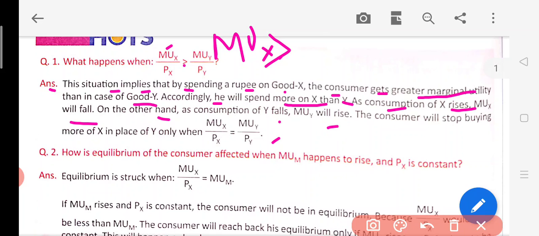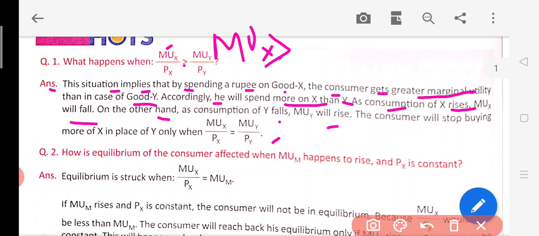The desire for palak paneer will go down, and since you are not spending any money on noodles, the marginal utility of noodles is going to rise, because your desire to have noodles will rise. So on spending on palak paneer the desire will go down, and on the other good, noodles, which you are not spending money on, it will rise up.